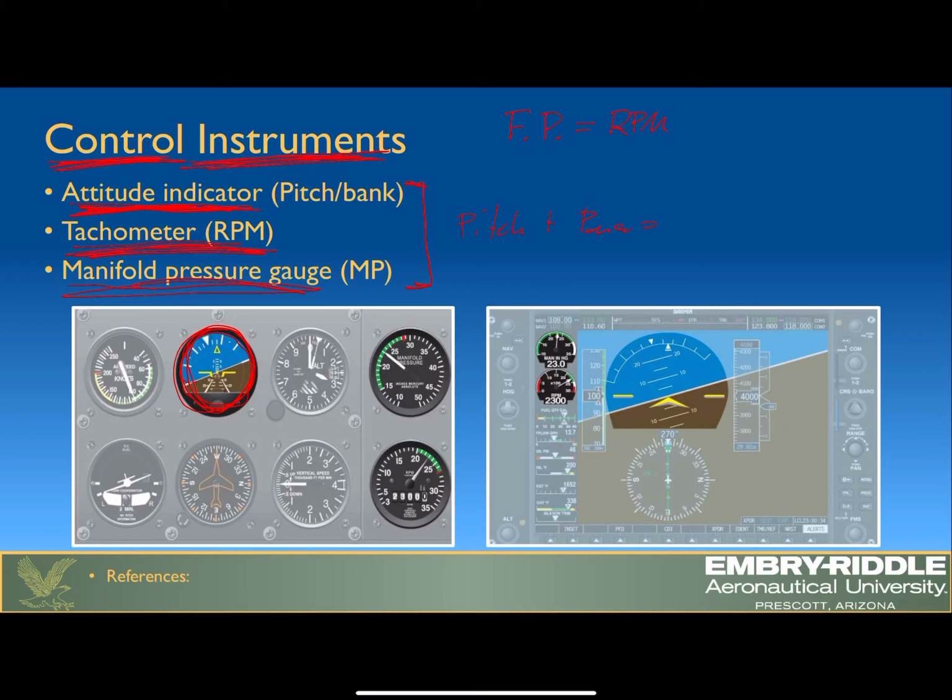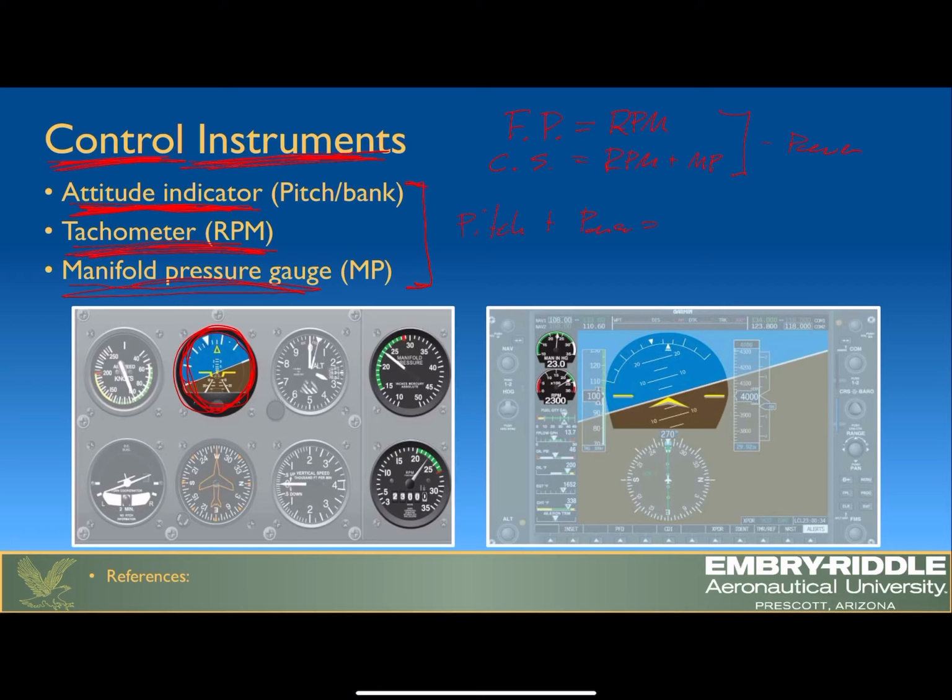If you have a constant speed propeller, which allows you to change the pitch of that blade, you will have RPM plus a manifold pressure gauge. So these two things represent your power.